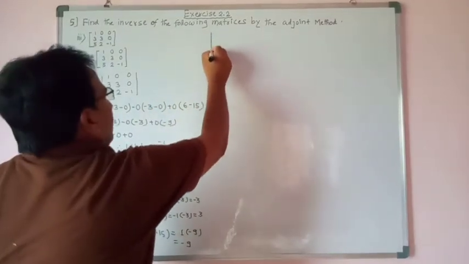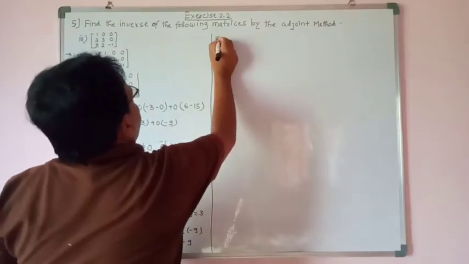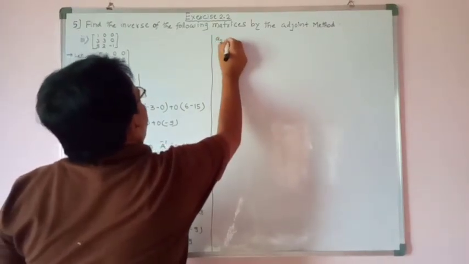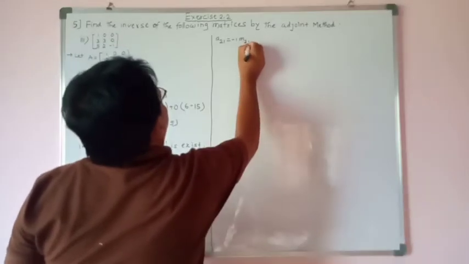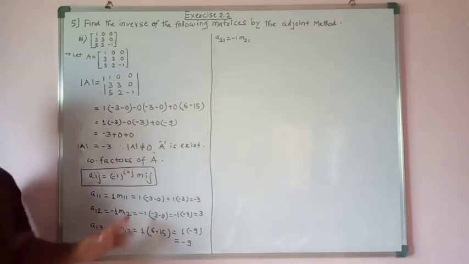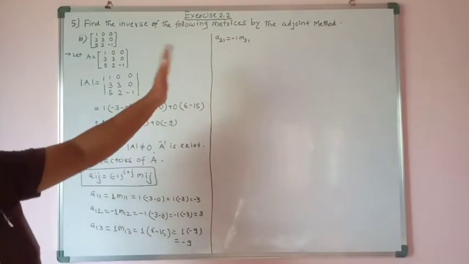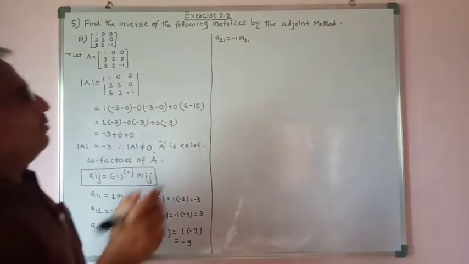The next cofactor is A21, equal to minus 1 into M21. 2 plus 1 is 3, an odd number. Directly use minus 1 into M21.